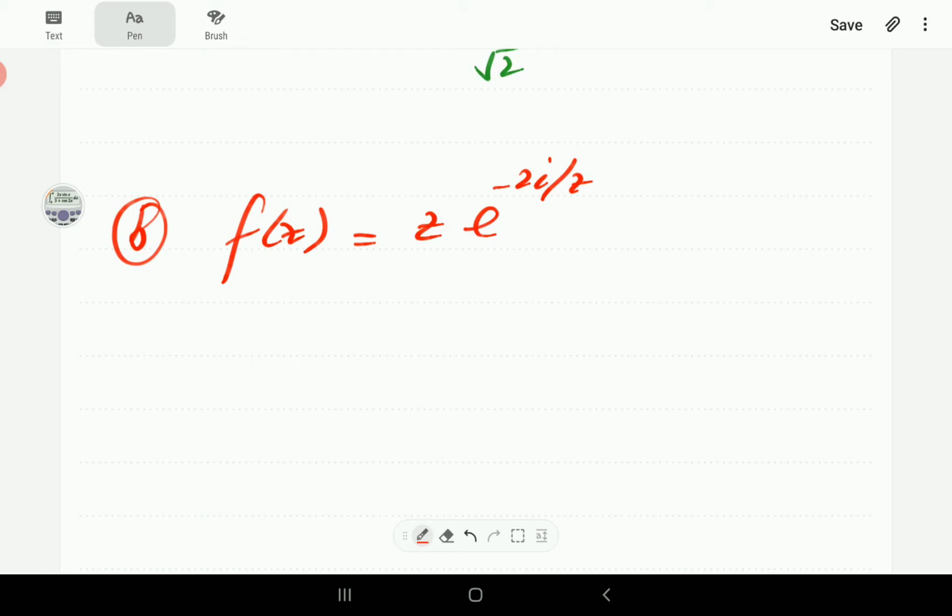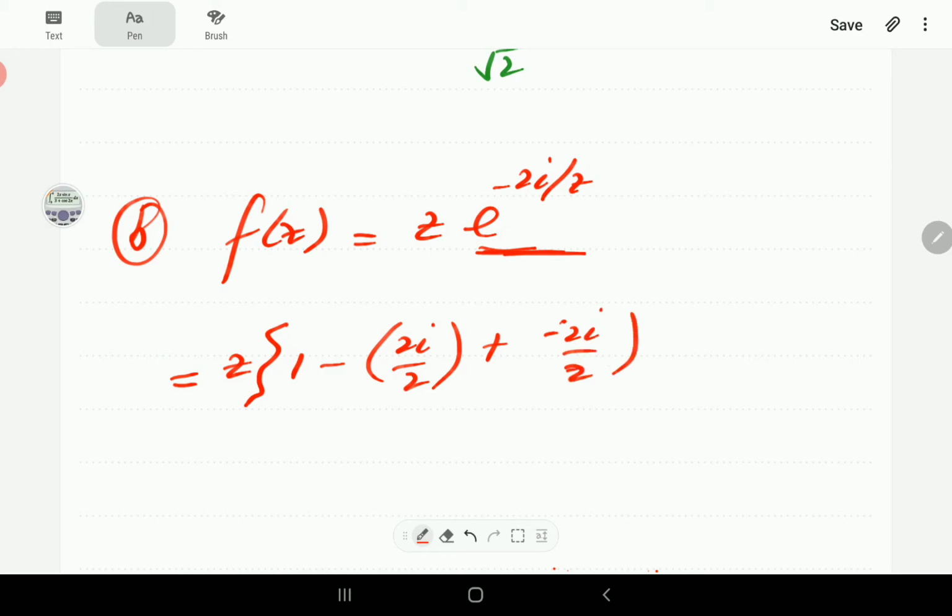So whenever that happens, we have to rely on working out a Laurent series expansion of this. And so for that, we're simply going to use the Taylor series expansion of e around the origin. So we're going to have z into 1 minus 2i over z, and then negative 2i over z squared, times 1/2.